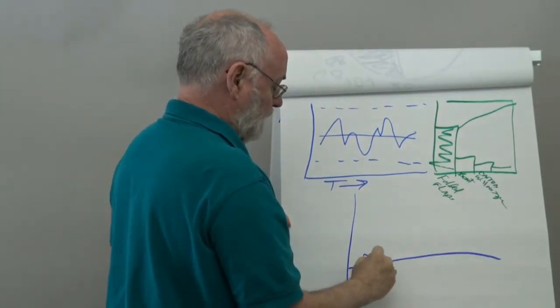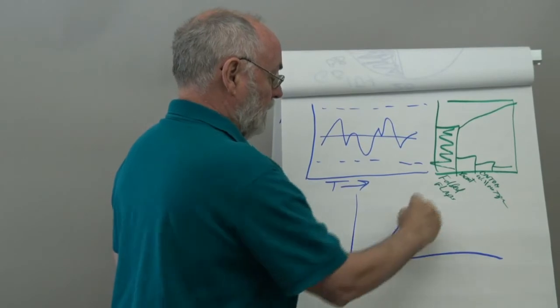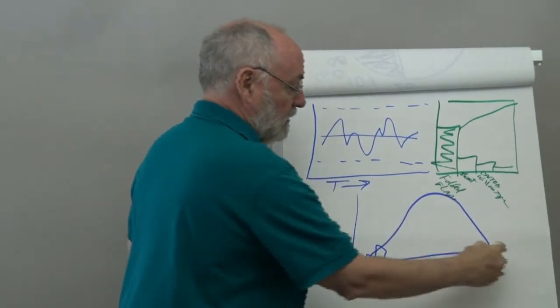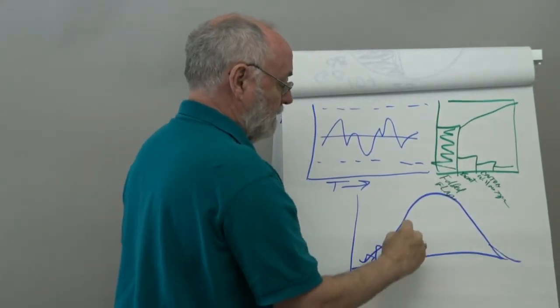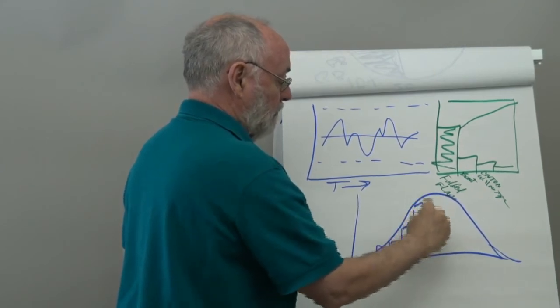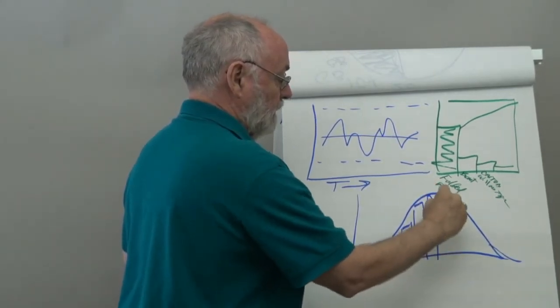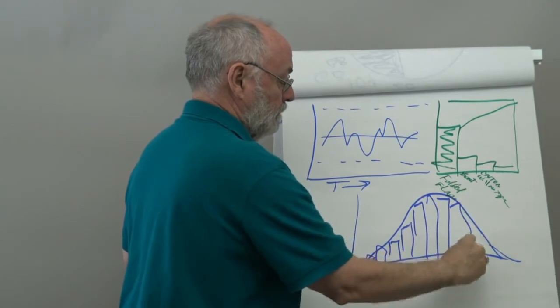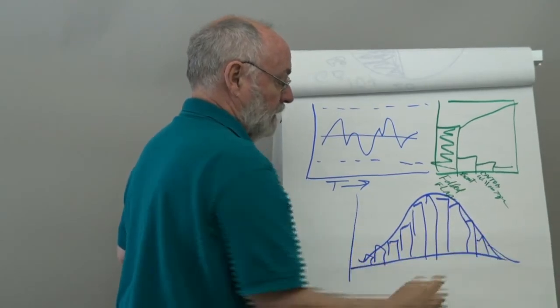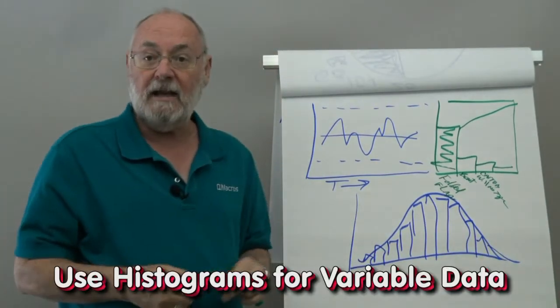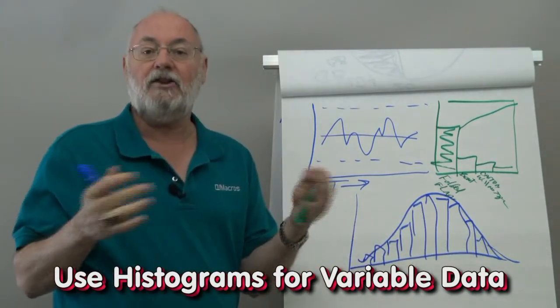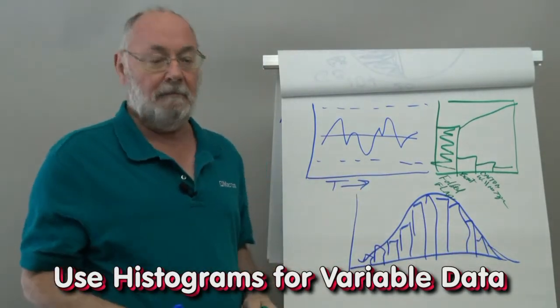We're going to see little bumpies here, but what you'll see is the infamous bell-shaped curve. And there'll be bars within there. But that tells you about the dispersion, the variation, or I call it deviation in your data.